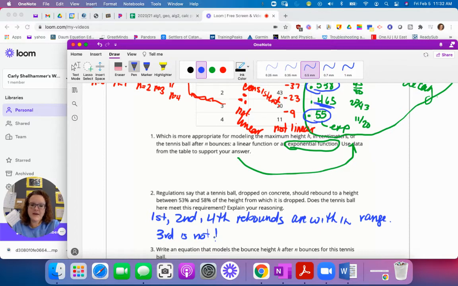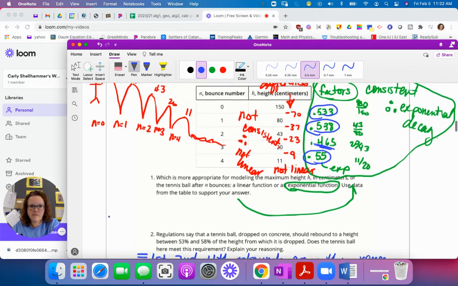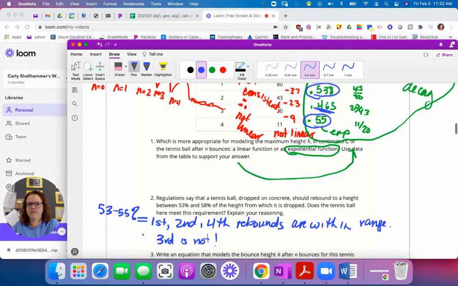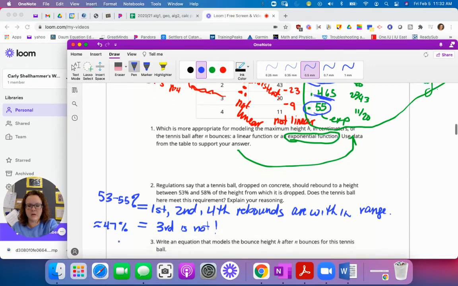The third rebound is less than 50%, falling out of the allowable range. So these are all between 53 to 55%, and this third one is about 47%. So it falls outside of the allowable range.